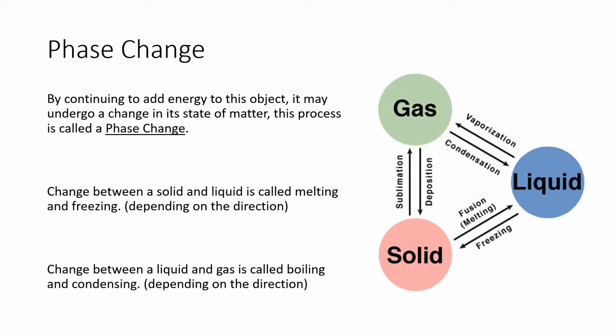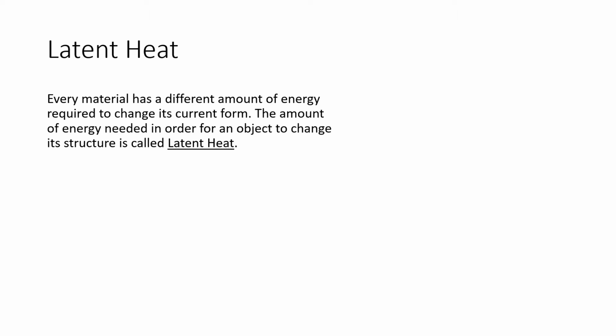As well as when we have a really cold drink, and we know things going from solid to liquid, melting, or freezing. This sort of threshold that I was talking about is called the latent heat needed for that specific material to change from one thing to another.